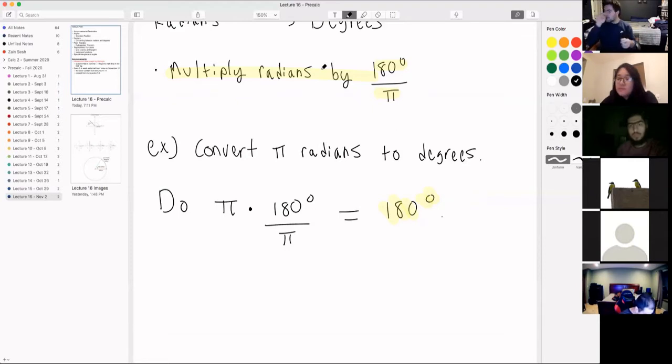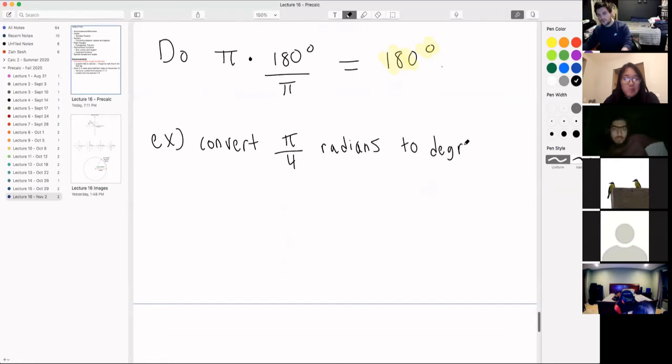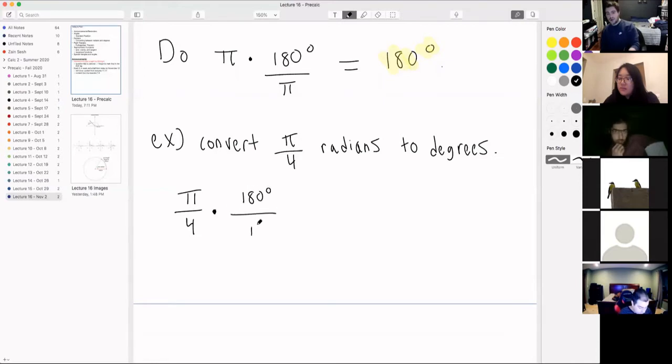So let's do another. Let's convert pi over 4 radians to degrees. The process is exactly the same. You take your radians and multiply by 180 degrees over pi.